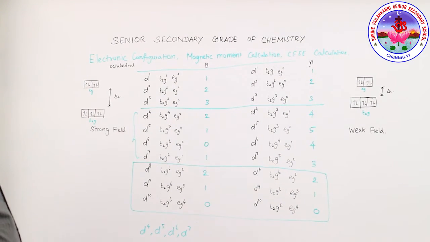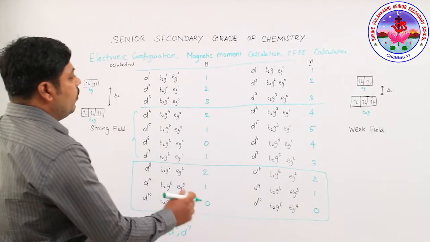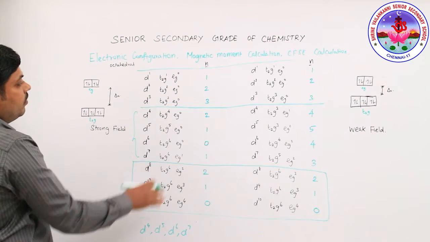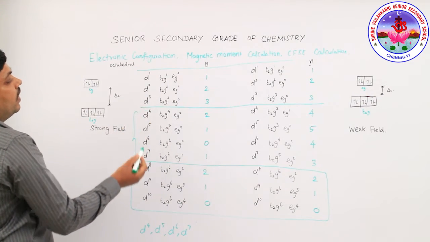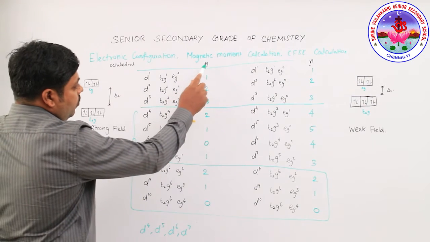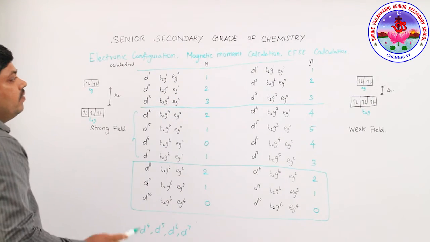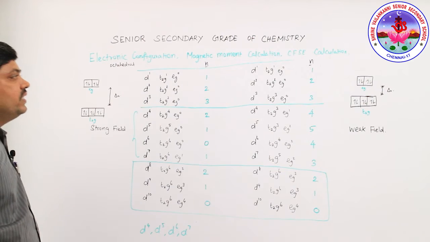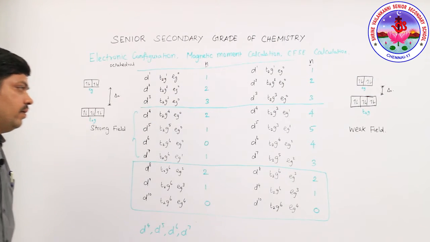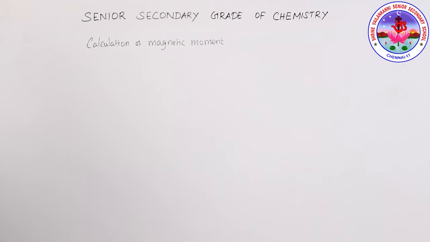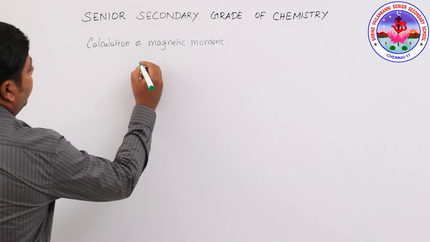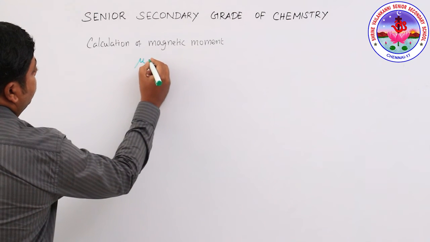Now, we will see the magnetic moment calculation. Before that, just copy down this electronic configuration, then note down the number of unpaired electrons. We will see the magnetic moment calculation and the CFSE calculation. For the magnetic moment, we already know the formula we studied in the d-block elements.